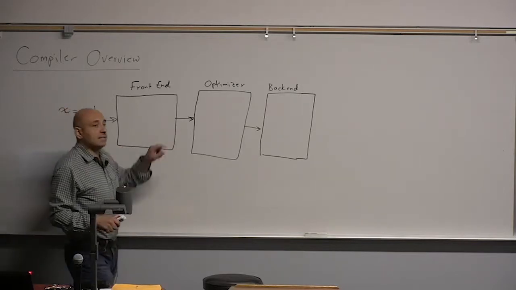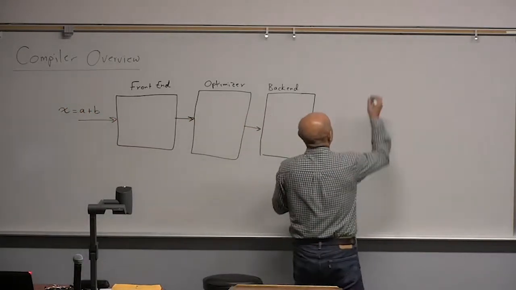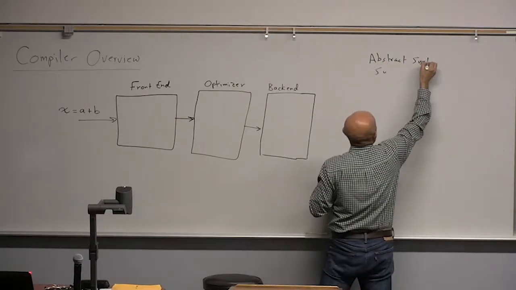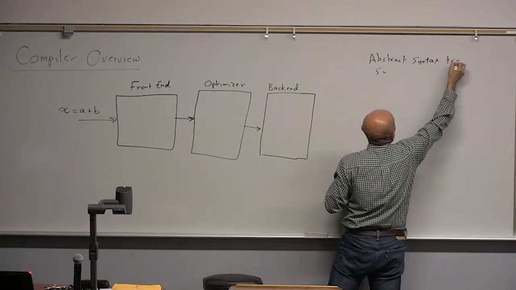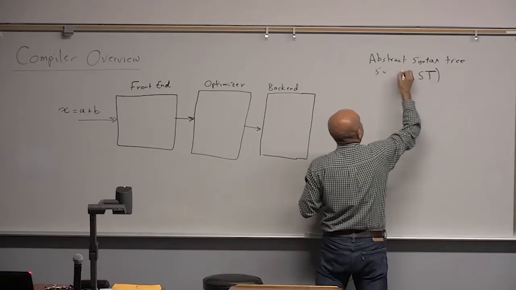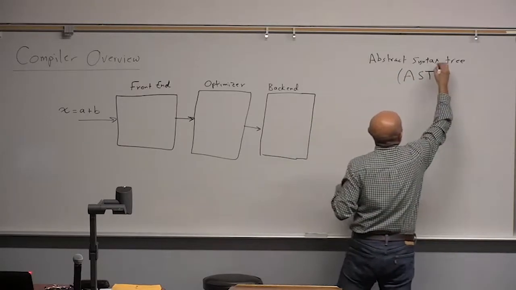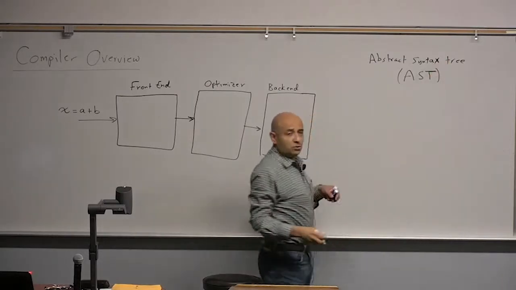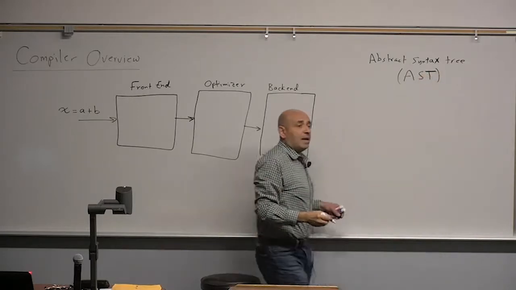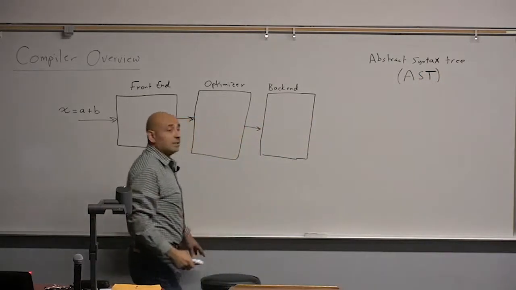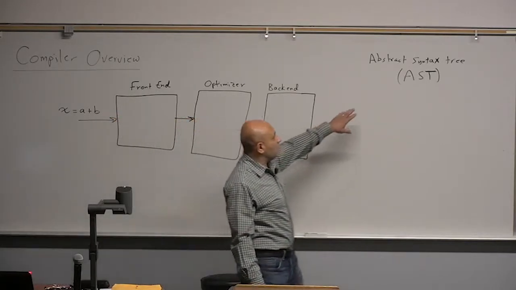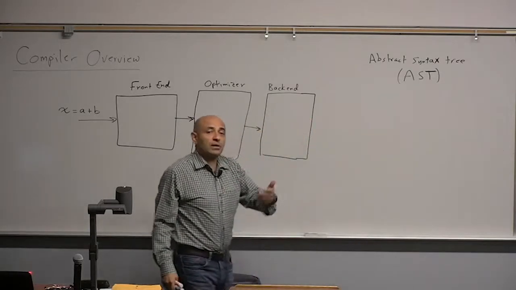Yeah, the abstract syntax tree, or AST, is one of the intermediate representations that compilers use. It's one of them. It's not the only one. And in fact, a single compiler may use multiple intermediate representations to represent the code and to do the code generation process.